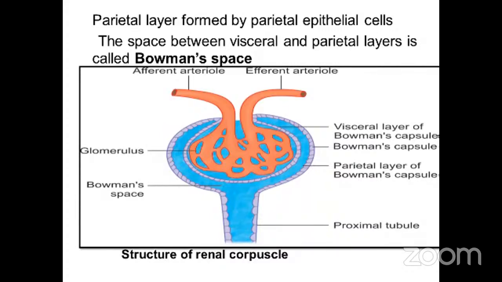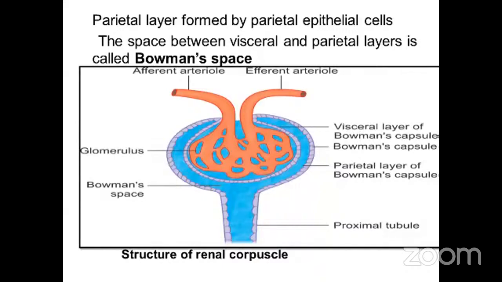Mesangial cells are present here. The glomerulus is a tuft of capillaries formed by the afferent arteriole and the efferent arteriole. The glomerulus lies within the inner visceral layer; the outer layer is the parietal layer. The space between the visceral layer and parietal layer is called the Bowman's space.